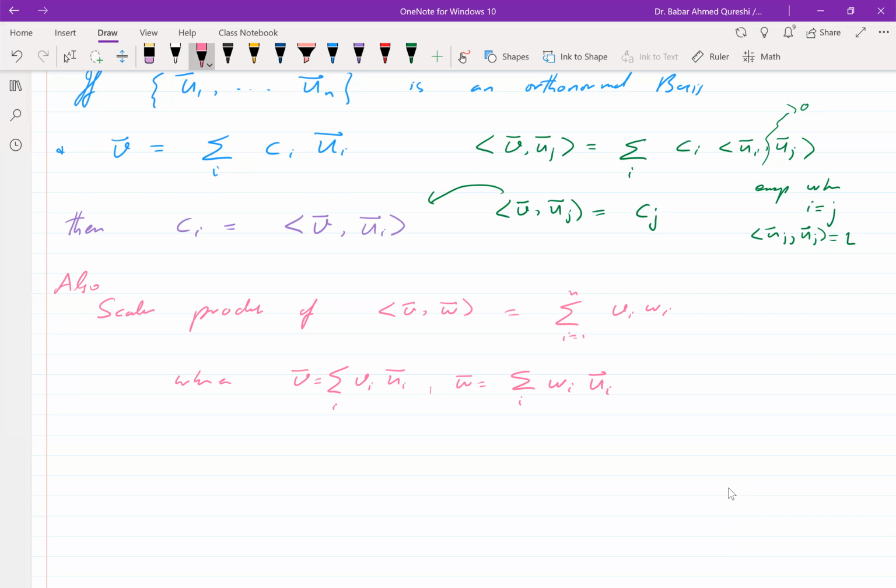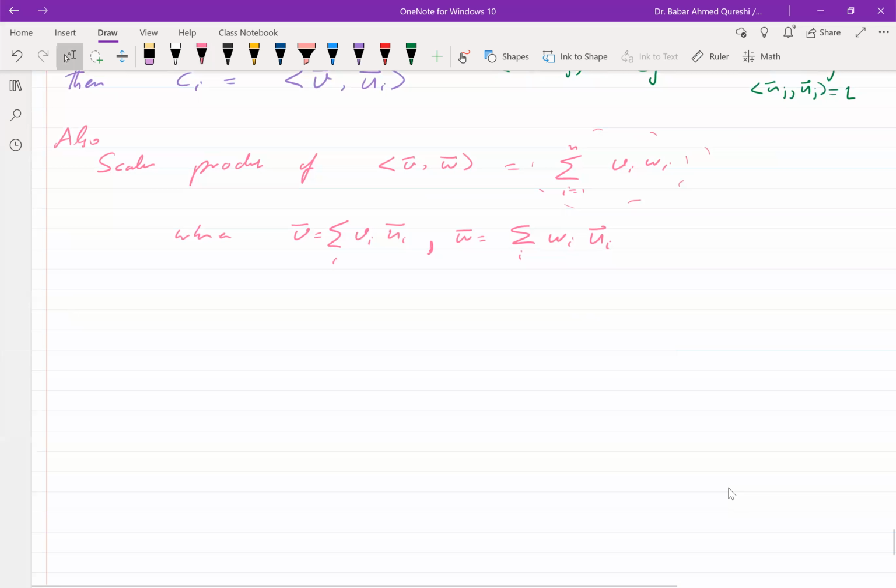That's what I have done over here. And whatever the components turn out to be in this basis, you just compute the ordinary scalar product as if they are living in Rn. Because remember, we discussed that in terms of expansion in a basis, every kind of vector can be written as a column. So it turns out that for any vector space, any scalar product, in terms of an orthonormal basis, looks like just the scalar product of ordinary column vectors.